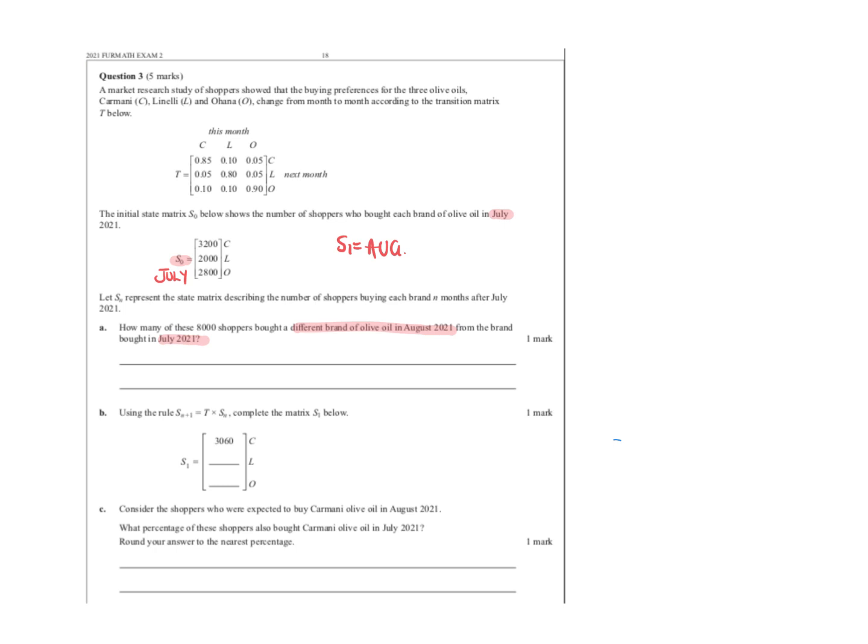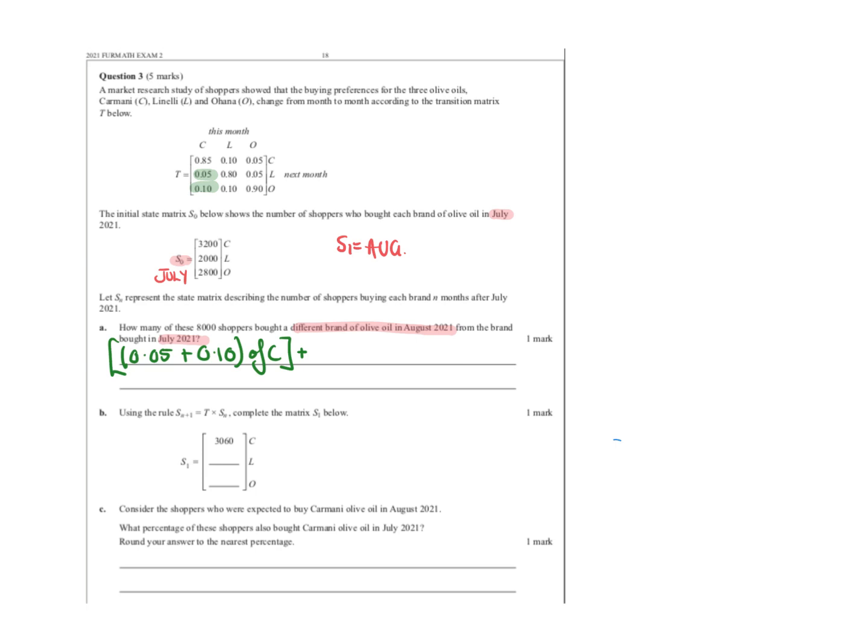So if we're looking at our transition matrix, if you look at brand C, these guys, there was 5% went to L and 10% went to O. So they would be the ones going to a different brand. So what we are essentially saying is you're going to say 0.05 plus 0.10 of the C in July went to a different brand in August, because it would be the next transition. So we've got to add them.